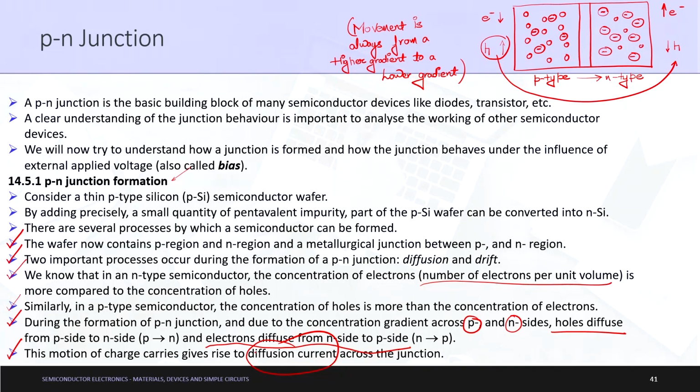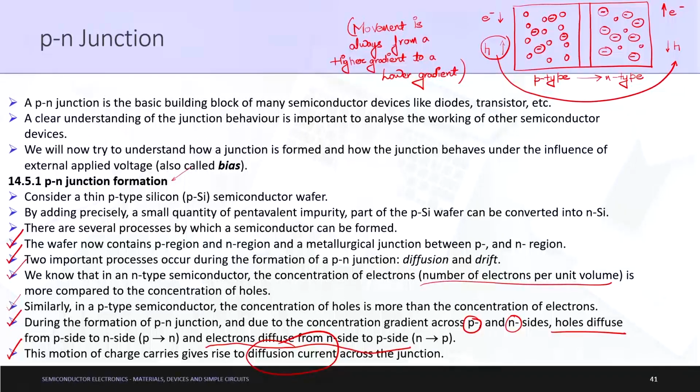Okay. So because diffusion is happening, what is basically current? Why is a current produced? The current is produced due to the change in the concentration of charge carriers per unit time. So if a motion of hole concentration or electron concentration is happening, there will be a current produced.